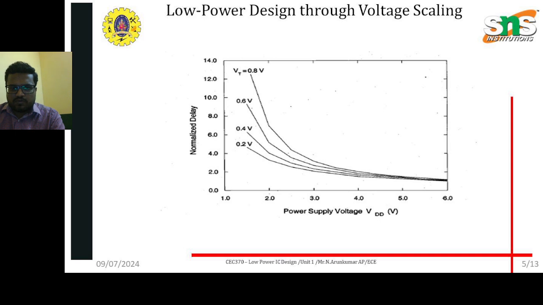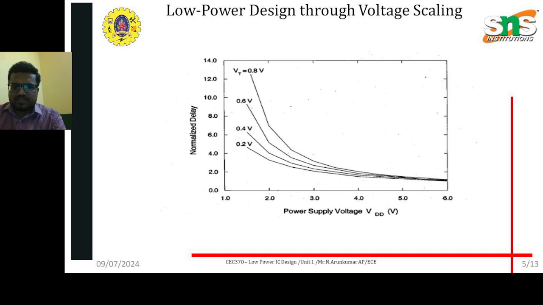The concerned voltages are varied with the help of this normalized delay, because the delay is the factor which can affect all the terminals which are connected in the ICs. It cannot pass the proper voltage to the final ICs, so that we can't get the original information from the packages. So let us see this graph between normalized delay and the power supply.